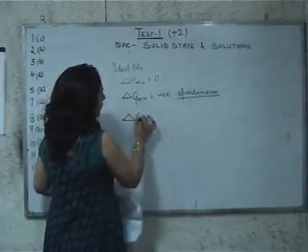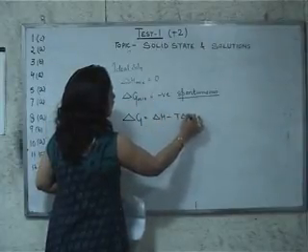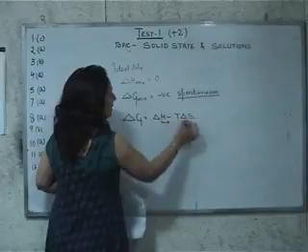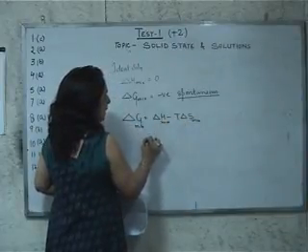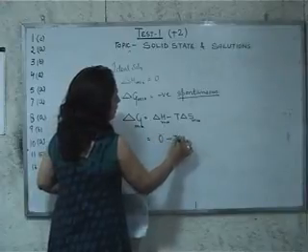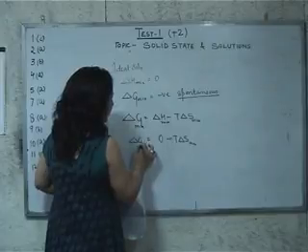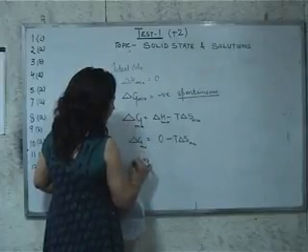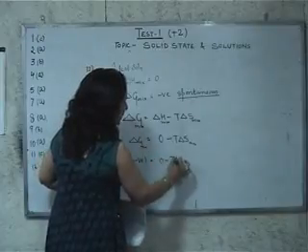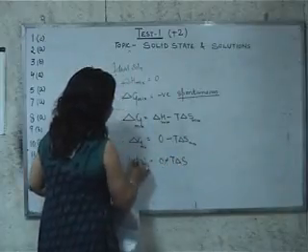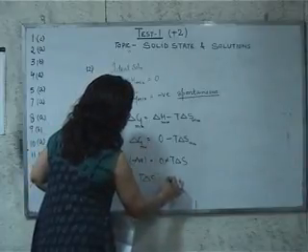For delta G to be negative, delta G is delta H minus T delta S. Here we have delta H mixing, delta S mixing, and delta G mixing. As delta H mixing is 0, we get delta G mixing equals minus T delta S mixing. When delta G mixing is negative, minus and minus cancel, which means T delta S should be positive.